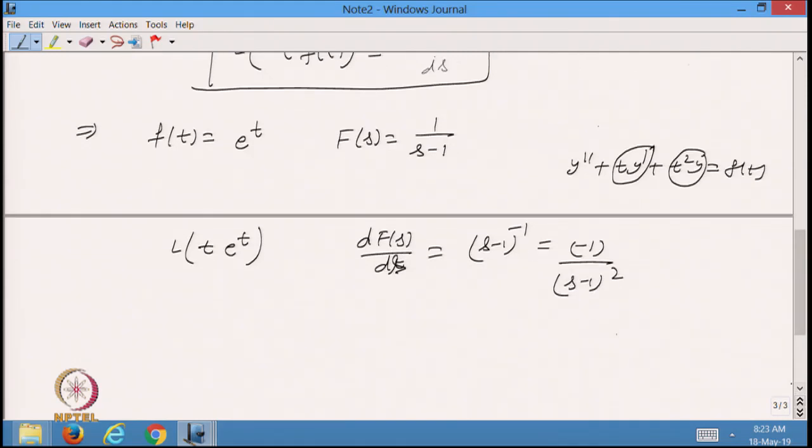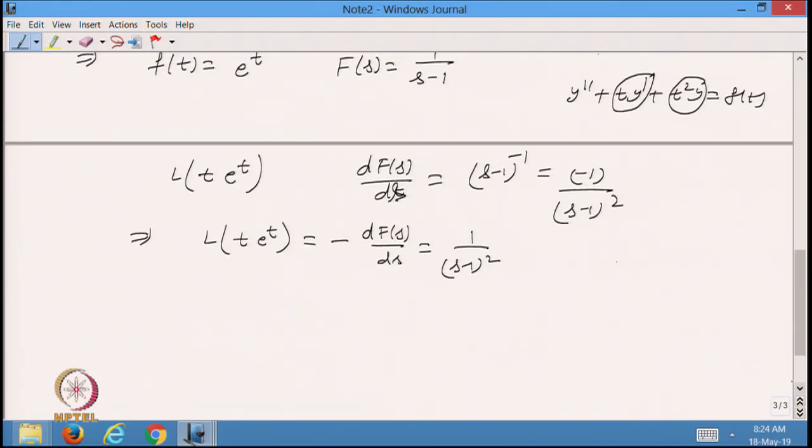From here, by this property I know that the Laplace transformation of t e^t will be equal to minus of d f(s) by d s, and this is minus and minus. So, it will be 1 over (s minus 1) whole square. So from here we are able to find the Laplace transformation of the function t e^t.